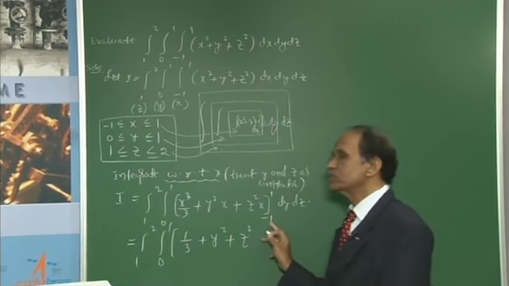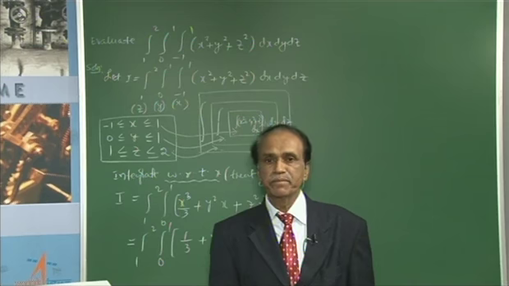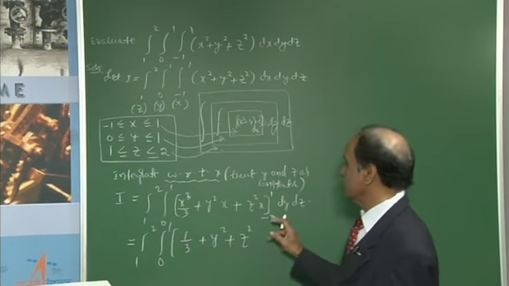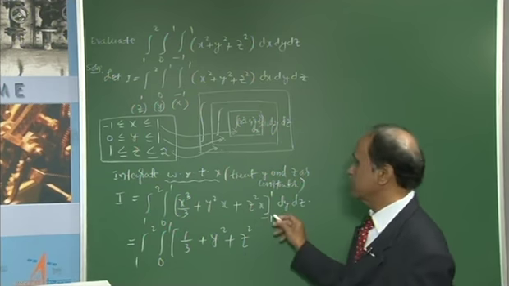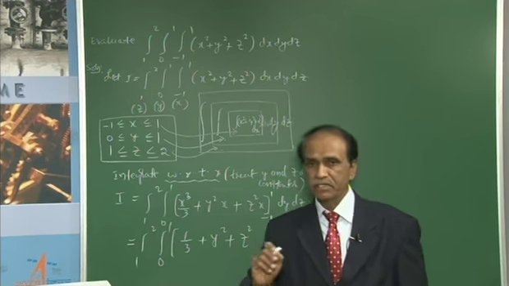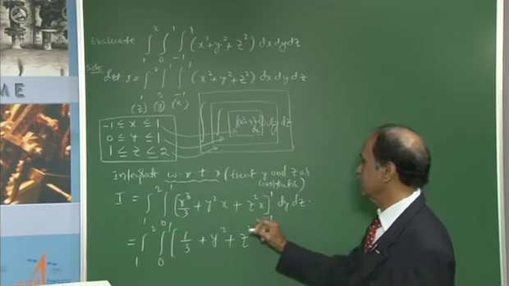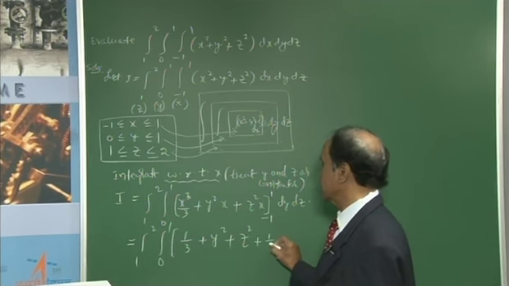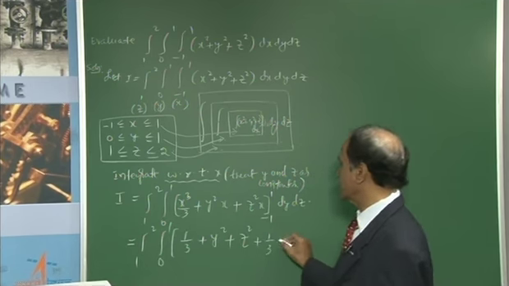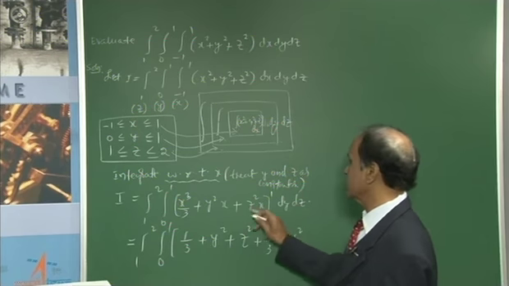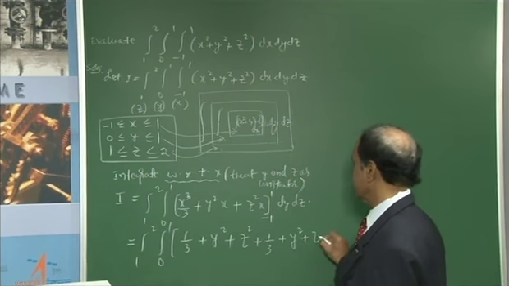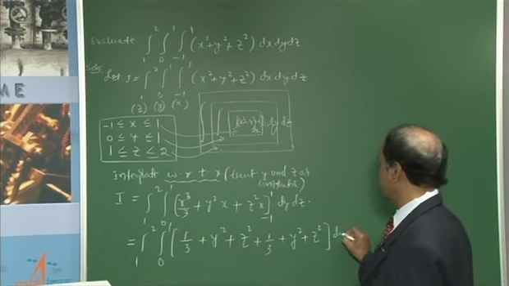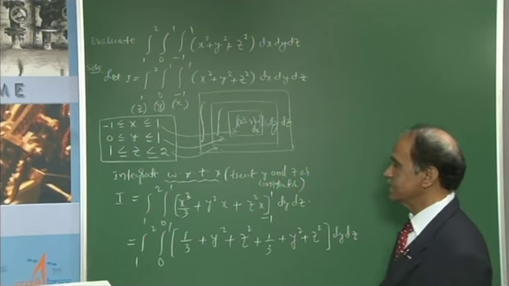Then replace x by -1: x equal to -1 whole cube gives us -1. But please remember, you are applying the lower limit, so one more minus sign has to be assigned, which makes it a plus sign, that is plus 1 by 3, and also plus y square, and also plus z square. This is the application of limits with dy and dz.